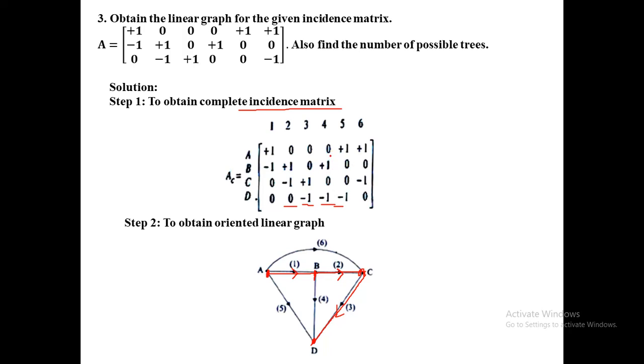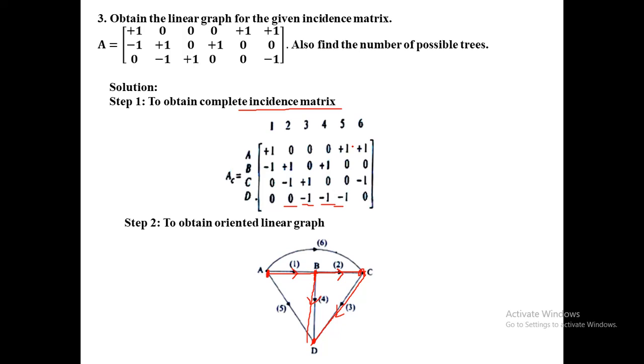Consider the fourth column. Here B and D. Already we have the nodes B and D. We just have to connect the line, and D has the value -1, so we put the arrow in this direction.